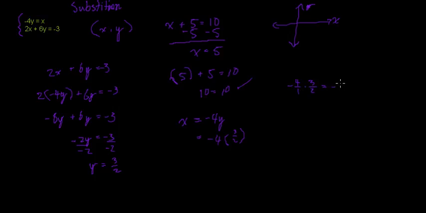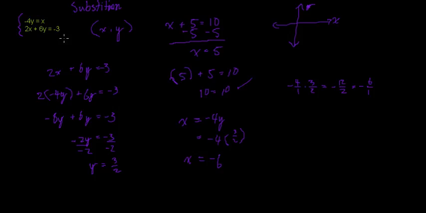This results in negative 12 over 2. That simplifies, because 2 goes into 12 six times, to negative 6 over 1, and that is our x value. We figured out our x value: it's negative 6. Now, we can go back and check, but that would be rather redundant, because we have basically already proven this true.